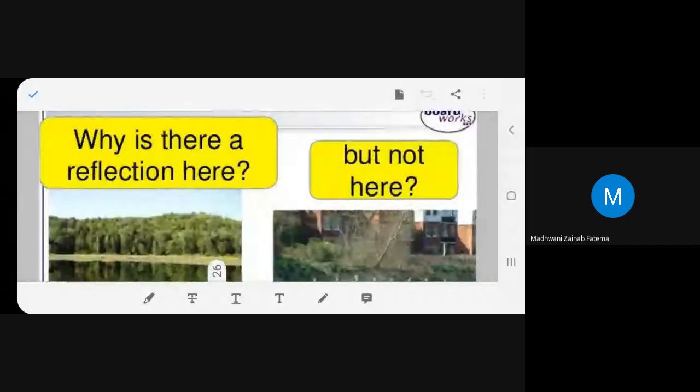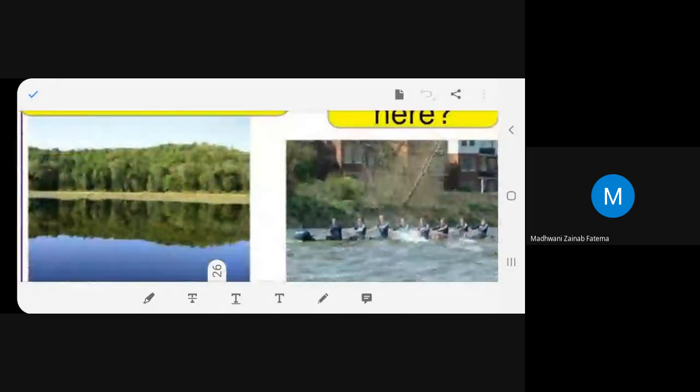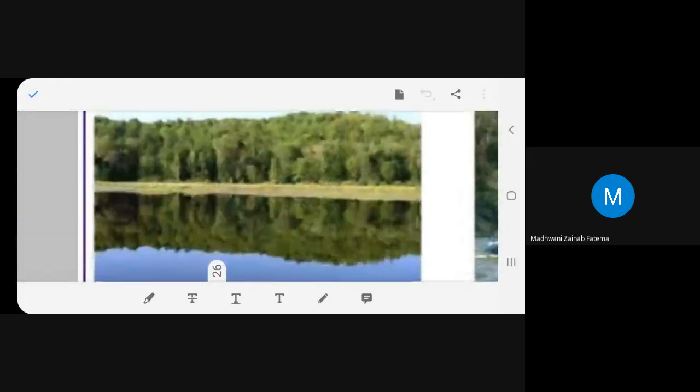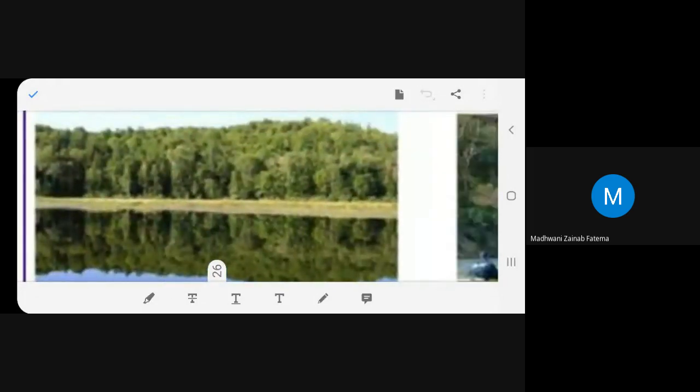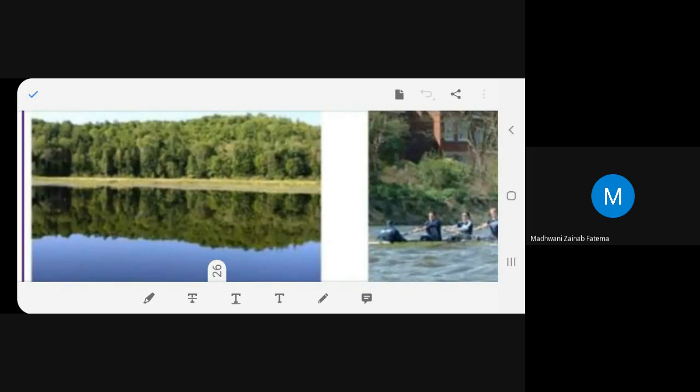Why is there a reflection here but not here? Can anyone tell me? See over here. Tell me why there's a reflection on the left hand side. Okay, let's see.